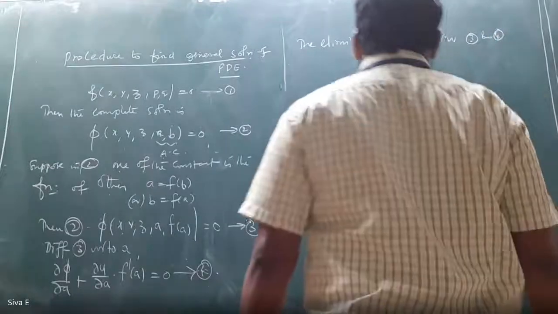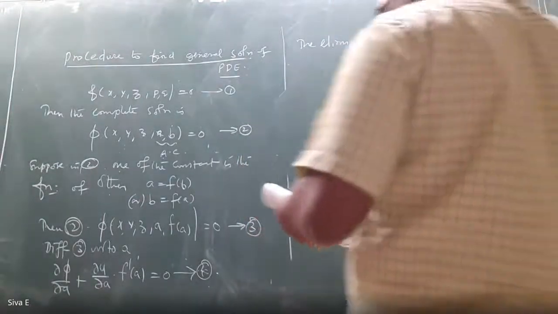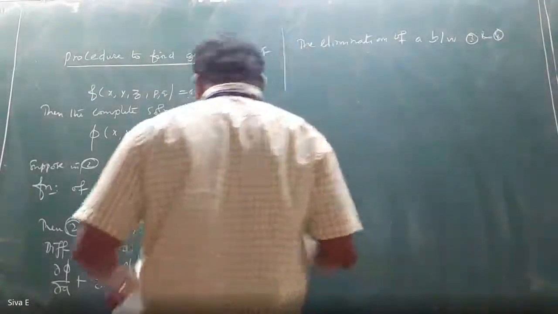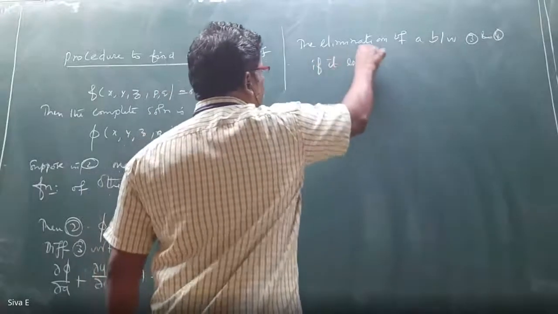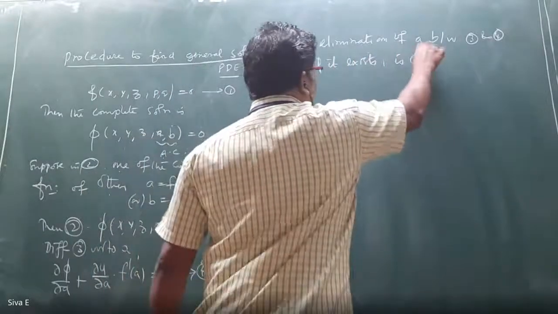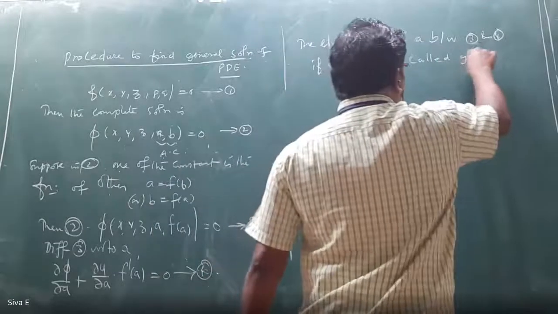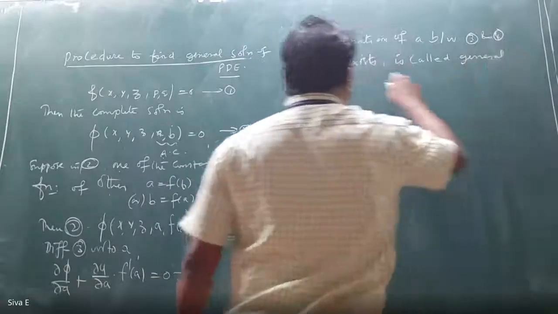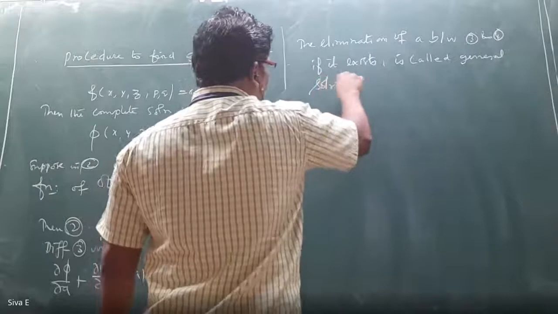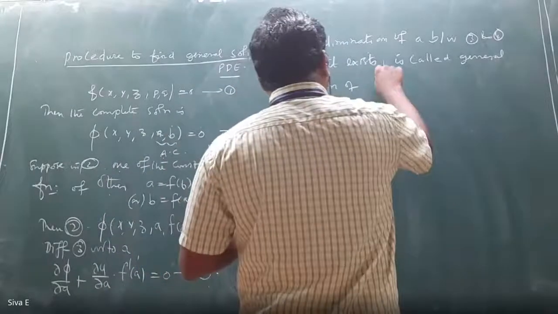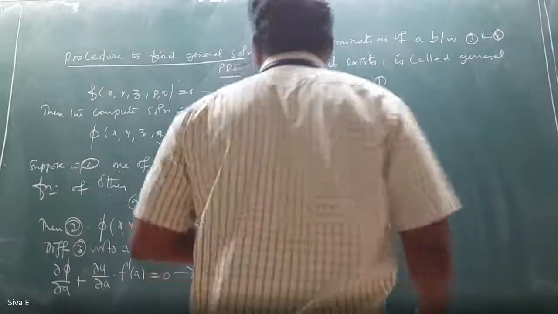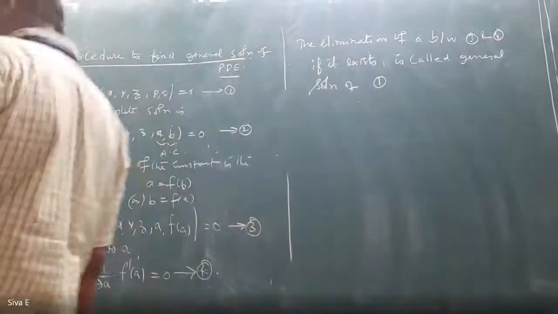The elimination of a between 3 and 4, if it exists, is called the general solution of equation number 1.